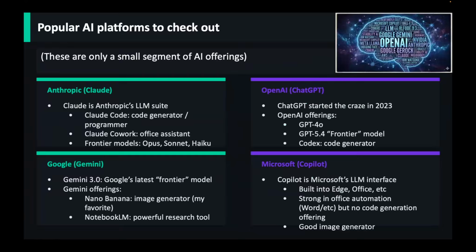Okay, popular AI platforms. So Anthropic, we've talked a lot about that. Claude Code is what I love to use for programming. I should say that if anyone here has programming experience and you're familiar with whatever operating system you're going to be developing under, that's a huge plus.